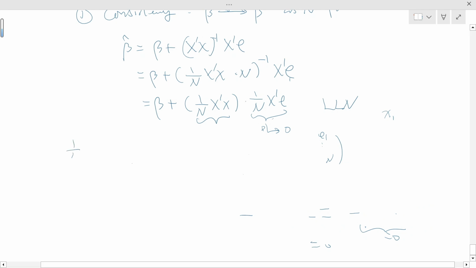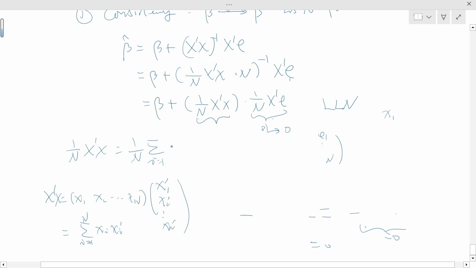Similarly, we can write X prime X as an average. Remember, X prime is x1, x2, until xn, and X is x1 prime, x2 prime, until xn prime. So X prime X is equal to the sum from i equals 1 to n of xi xi prime.